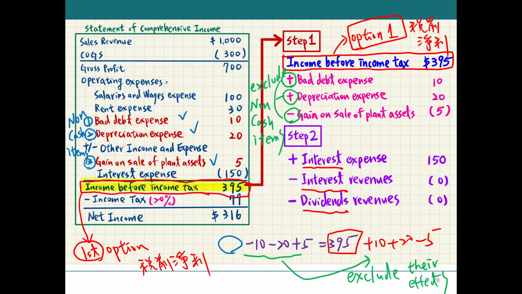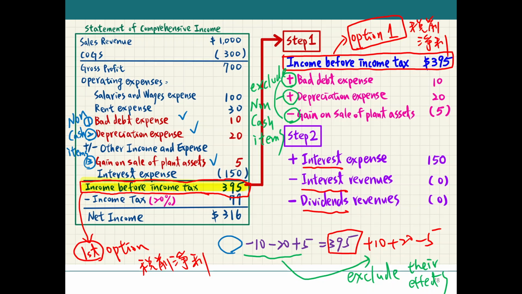So for 395, this number, we only include 2 major items from these 2 major guys. What's that? Interest, dividend. Do we include tax? Not yet, okay? So that's why for step 2, we only need to exclude interest and dividends.